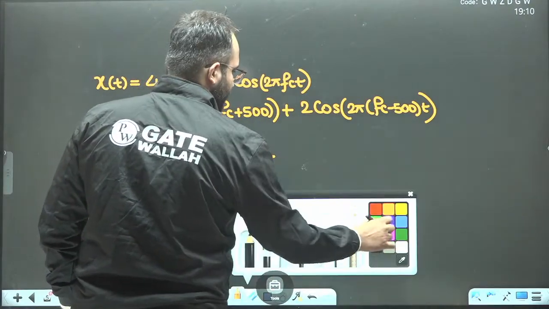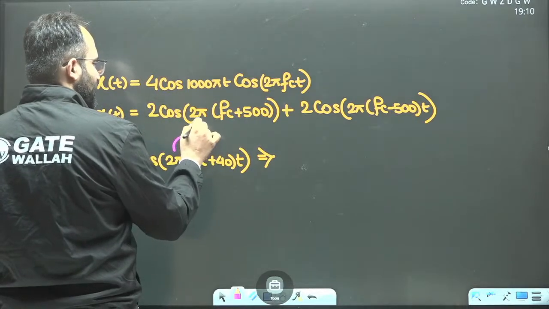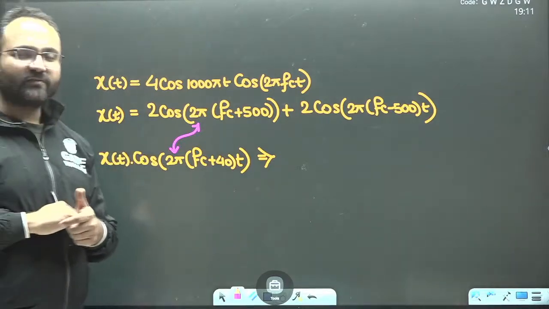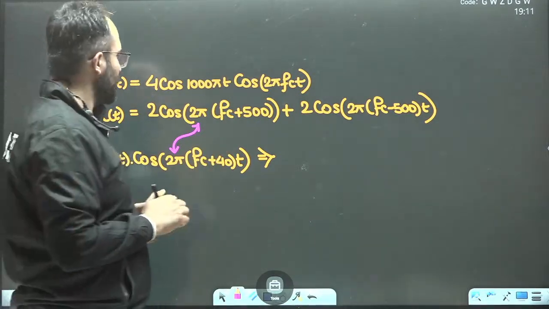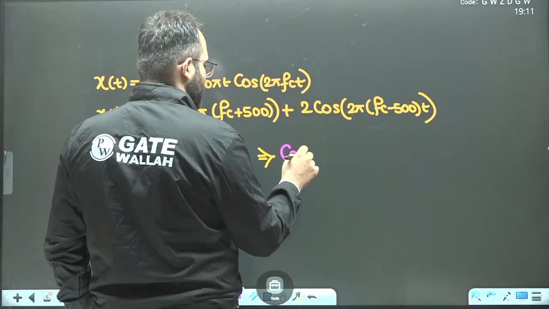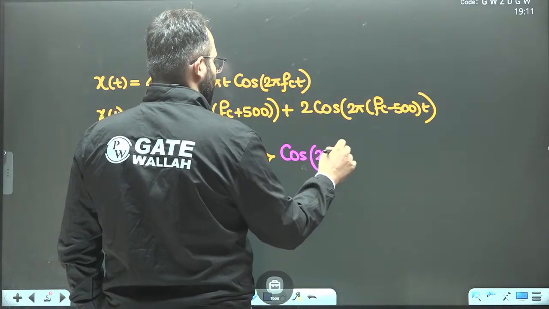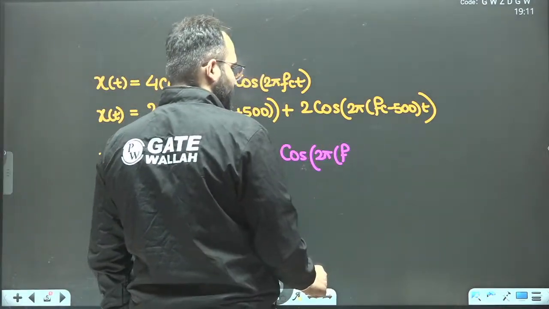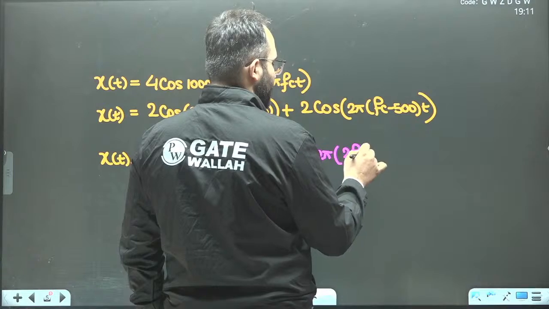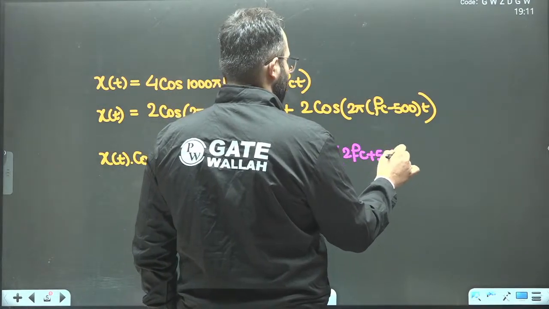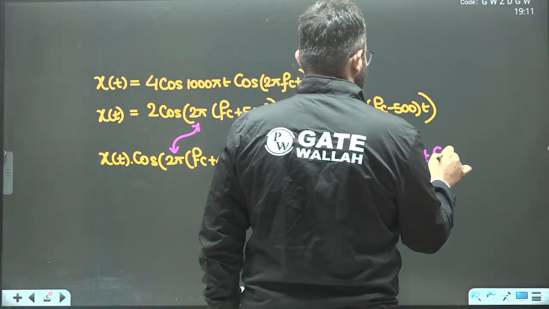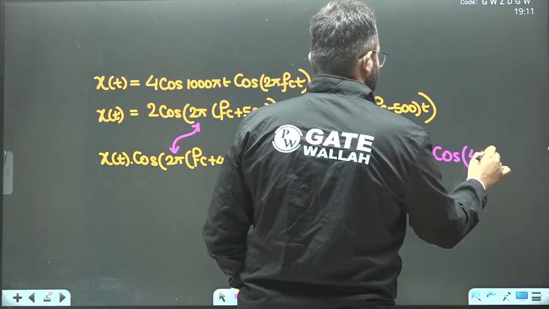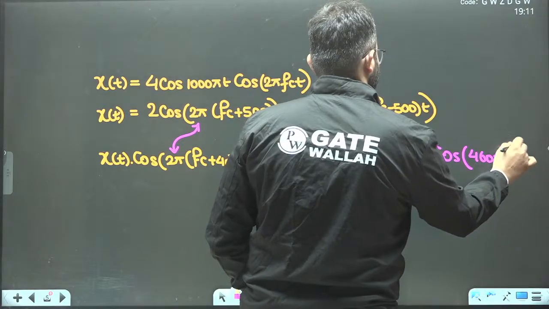When we multiply this cosine wave with this, the frequencies will add and subtract. The 2 will go because 2 cos A cos B is cos(A+B) plus cos(A-B). So this becomes cos of 2π(fc + 500) and (fc + 40): if we add, it will become 2fc + 540, plus cos of, when we subtract the two, 460 into 2πt.